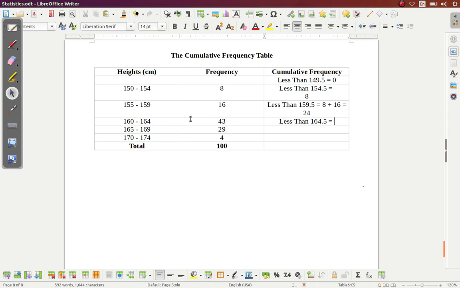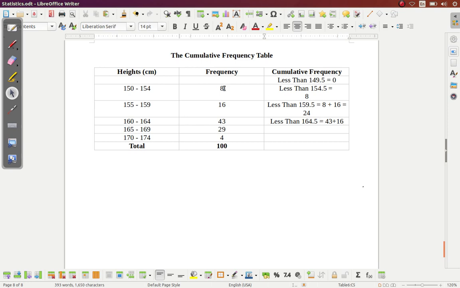It's going to be all who are less than 164.5 up to 159.5, which is the 43, plus all of these, which also measure less than 164.5, so you have to add the 16. 16 of them are between 154.5 and 159.5. They are shorter than 164.5, so you have to include them.